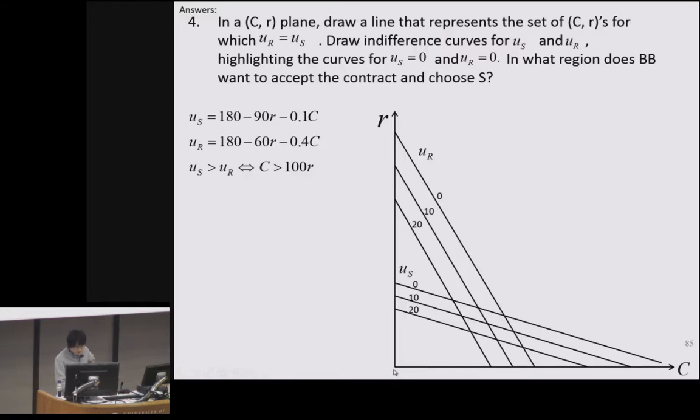If the interest rate is 0 and the collateral is 0, then that's the best for the borrower. So utility goes up in the direction of the origin. And the intersection between US equals 0 and UR equals 0 is this point, when collateral is £180 and the interest rate is 1.8, 180%.